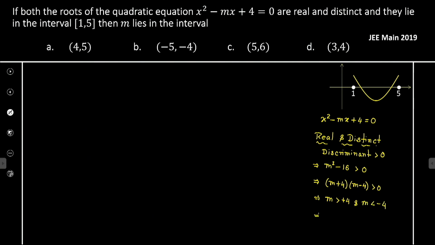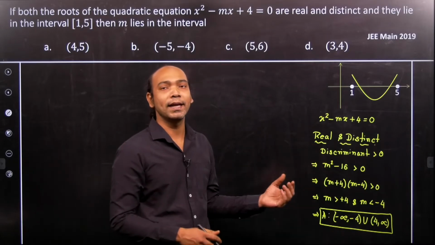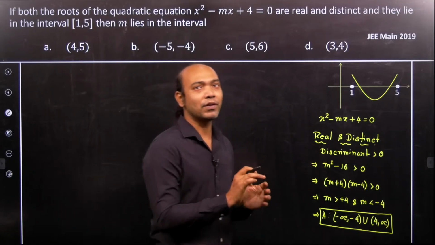So we can consider an interval A in this case that represents minus infinity to minus 4 union 4 to infinity. That gives the set of values of m for which our roots become real and distinct. So the first condition is given.